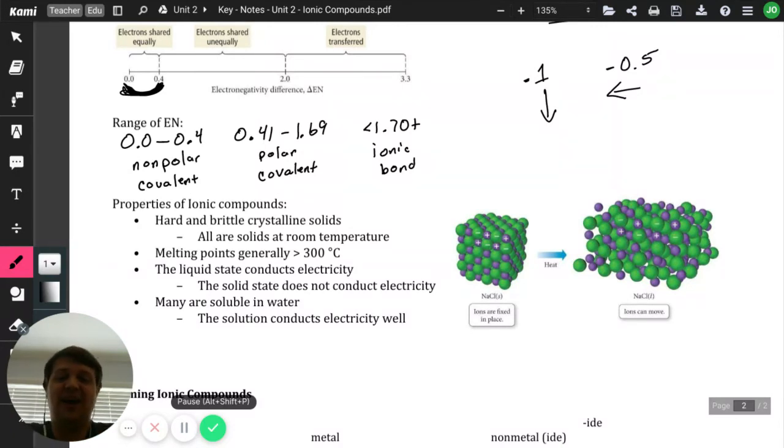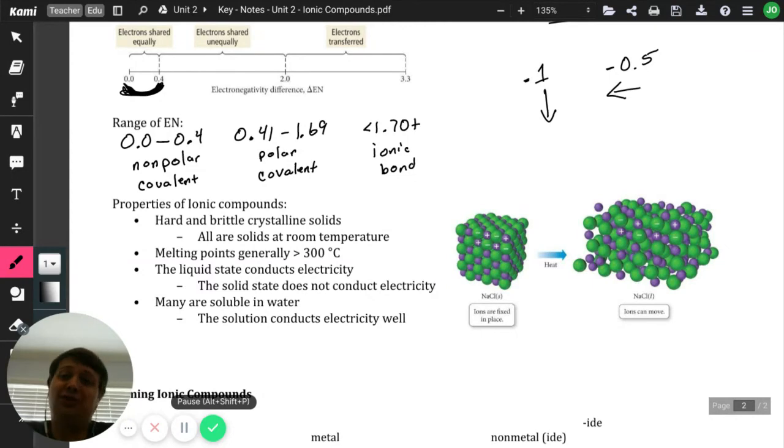All right. If we do heat it over its melting point, then we can actually see it start to conduct electricity as a liquid. But it will also conduct electricity if it's in water.